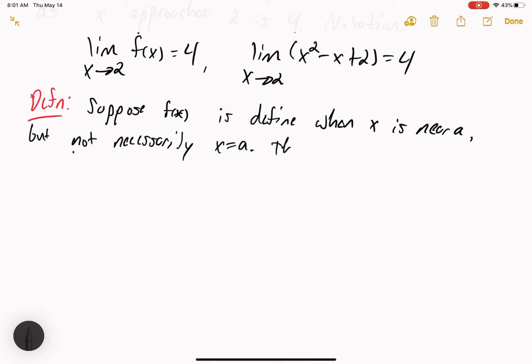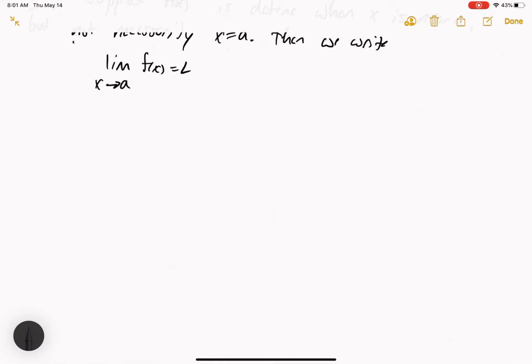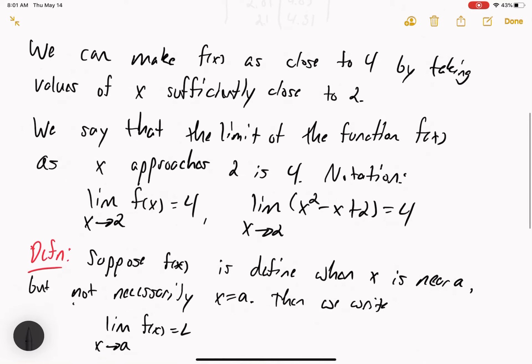Then what we write will be the limit as x goes to a of f of x is equal to L. We write that whenever a function is defined near a, and the if comes from this kind of statement again, that we can make the values of f of x as close as we made them before, when we take x sufficiently close to 2.